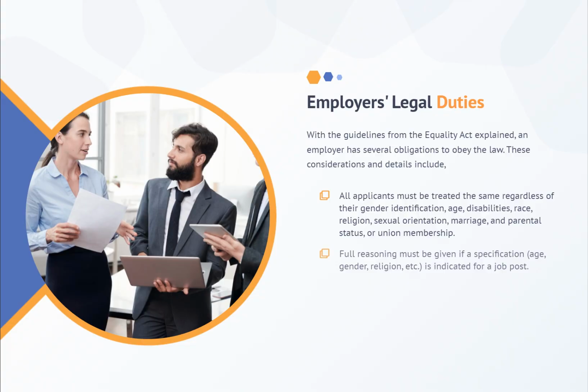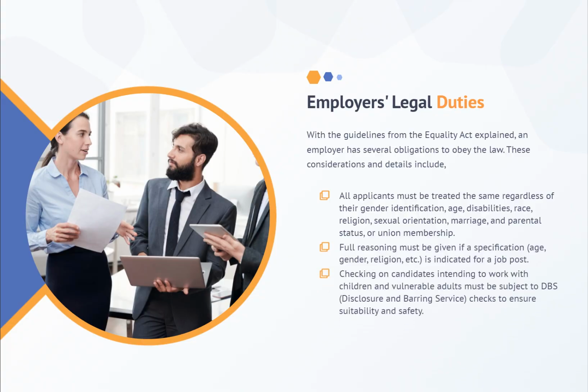Employers' legal duties. With the guidelines from the Equality Act explained, an employer has several obligations to obey the law. These considerations and details include: all applicants must be treated the same regardless of their gender identification, age, disabilities, race, religion, sexual orientation, marriage, and parental status, or union membership.